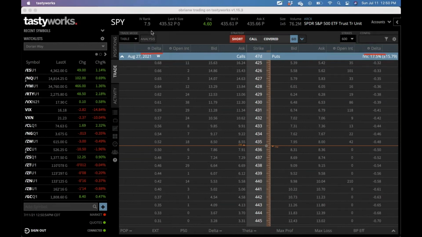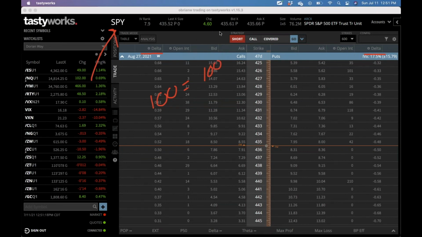As for directional risk, delta measures how much you will make or lose based on a 1-point move. So for example, if you had 100 shares of SPY, each share equals 1 delta. So you have 100 shares, so that equals 100 deltas.